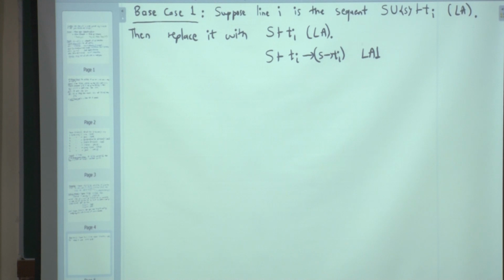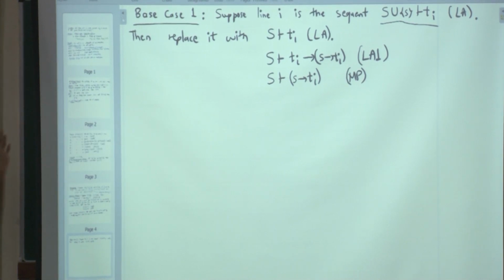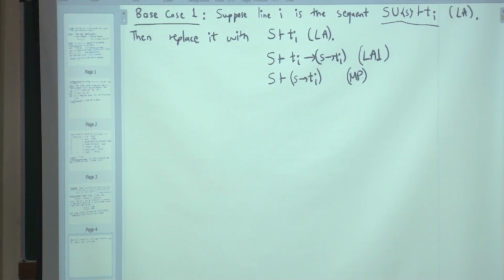Now I am using LA1 for this, and using LA1 now I can conclude this, MP on the above 2 lines. So I replaced this particular sequent, this underlined sequent, by 3 lines. I had little s on the left hand side and I pushed it to the right hand side. That's how we are going to do it with the remaining base cases and the inductive case. Okay, so let us stop for today.